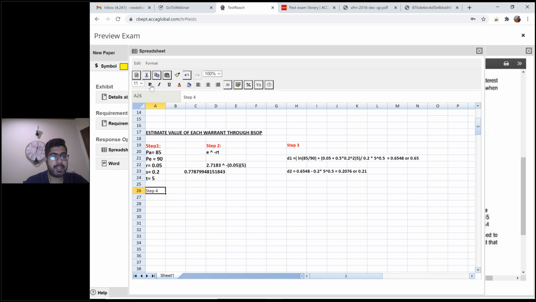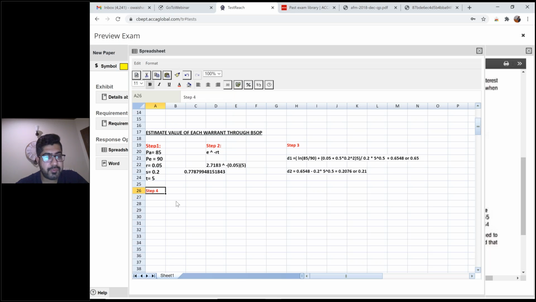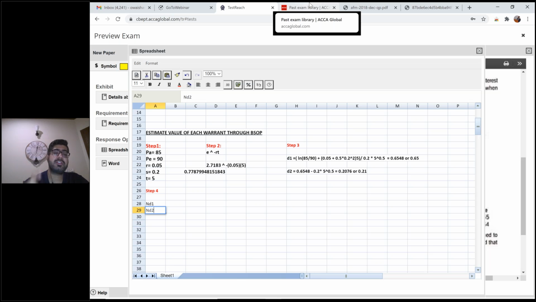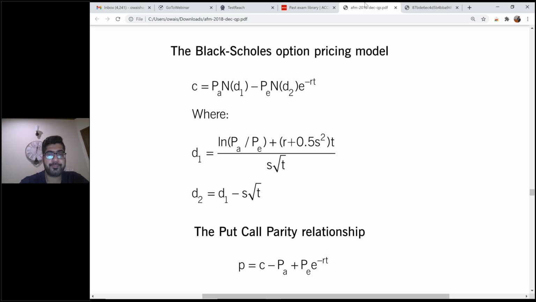which is to find N(D1) and N(D2). Now pay attention to this step, because this has been a step which creates challenge for students. To find the values of N(D1) and N(D2), you have to refer to the normal distribution table that is given in the exam.